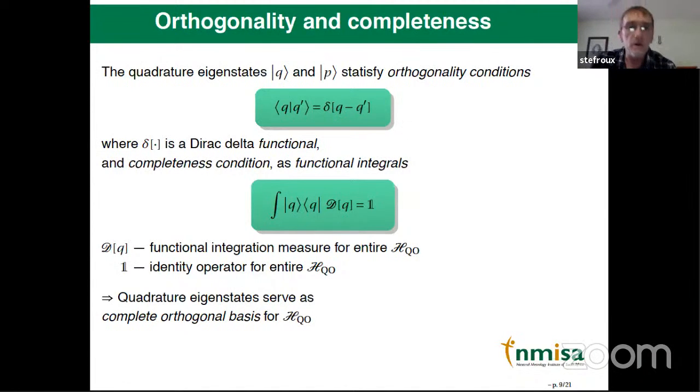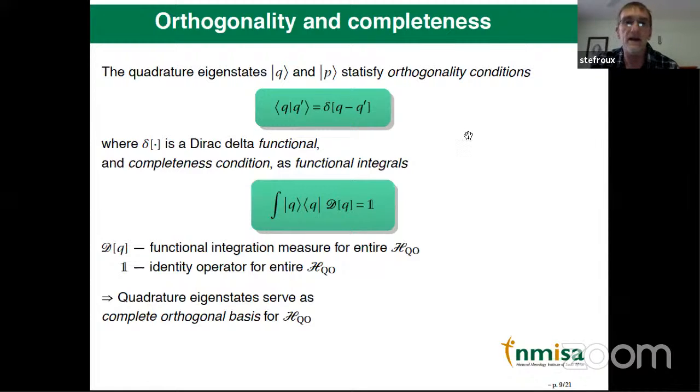It also satisfies a completeness condition, but in this case, the completeness condition is represented in terms of a functional integral, because you integrate over all the functions that can be eigenvalue functions. And this identity is now the identity for the entire Hilbert space of quantum optical states. So we have here a complete orthogonal basis for the entire Hilbert space of quantum optical states.